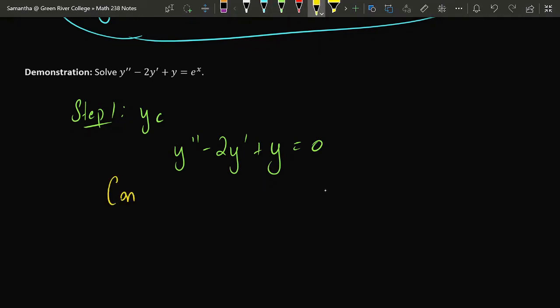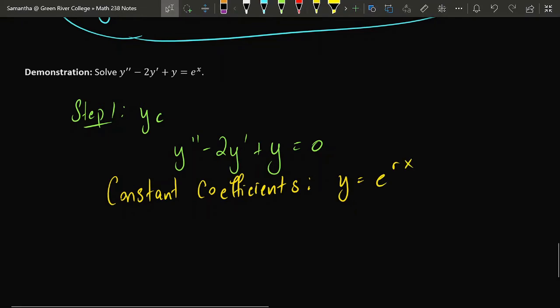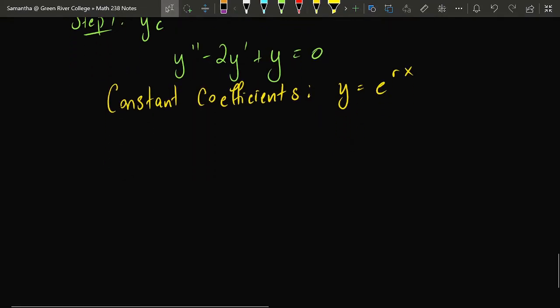This has constant coefficients, and the only reason that I keep emphasizing that is because I don't want you to get mixed up with the Cauchy-Euler equations that we studied a couple of days ago. I want to emphasize every single time that the reason that I'm making this particular guess is because this is a differential equation with constant coefficients, not a Cauchy-Euler equation.